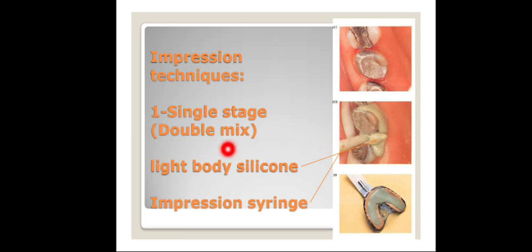So it is called the double mix, because at the same time you mix the light body, and another person like an assistant or a colleague will mix the heavy body and place it in the tray. And while you inject the light body, your assistant or colleague will give you the tray, and then it will be placed on the light body before setting.